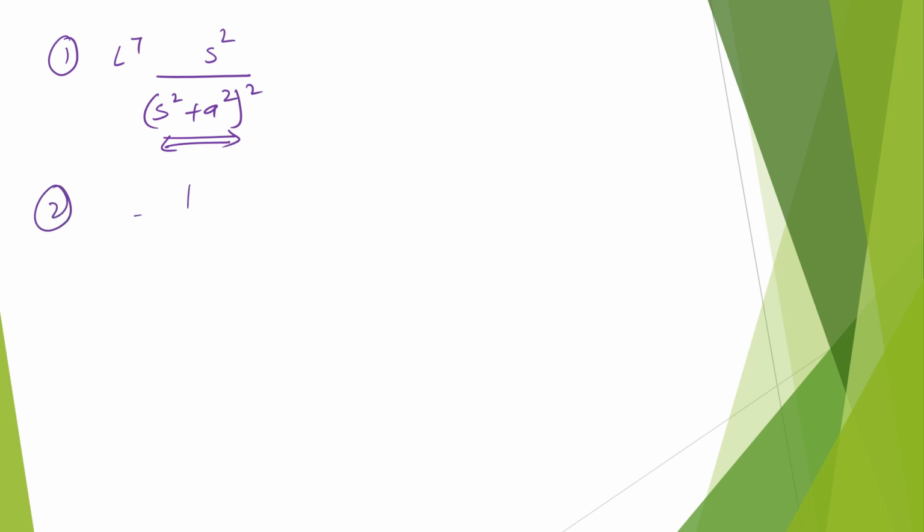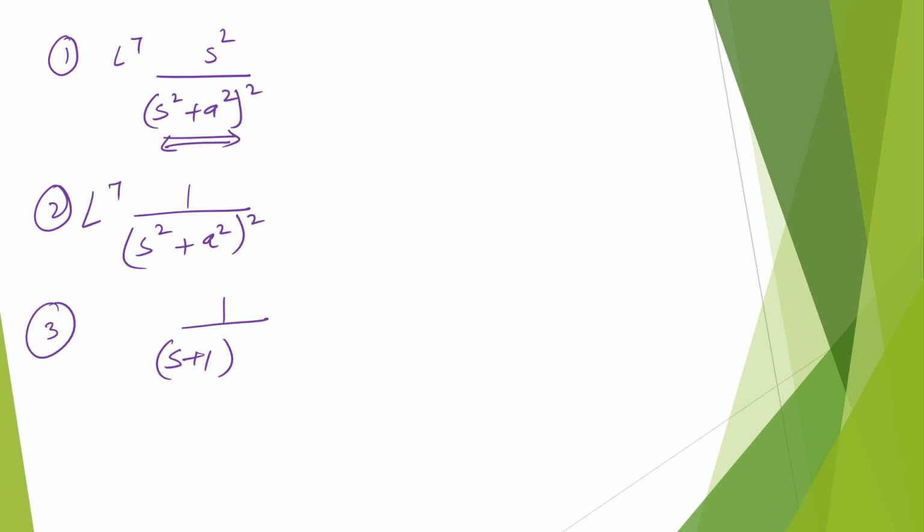Second is 1 over s square plus a square into s whole square. Third, 1 over s plus 1 and s square plus b square. You just have to find out the solution of these three questions by using convolution theorem.